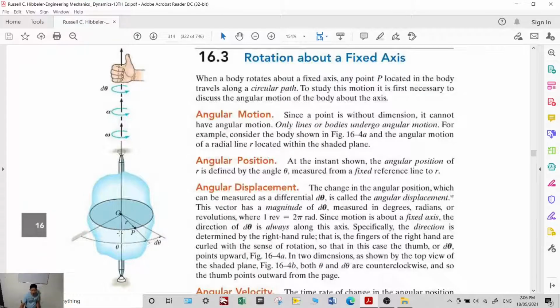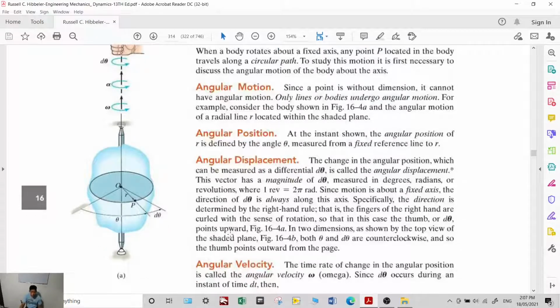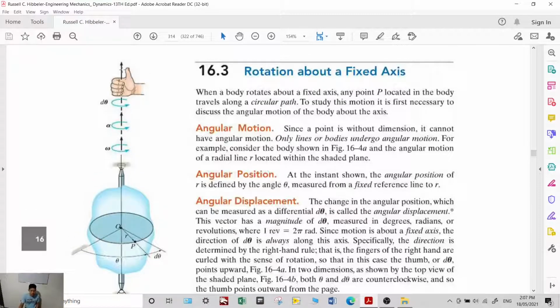If it moves, if the position changes, it will result in a change in d theta, or the angular displacement. Take note that one revolution is equal to 2 pi radians. Okay, by the way, the direction of this d theta is not along the plane but instead going up, using the right hand rule.